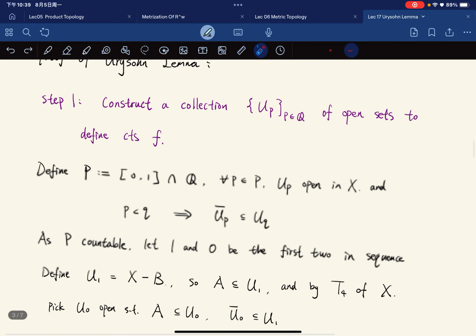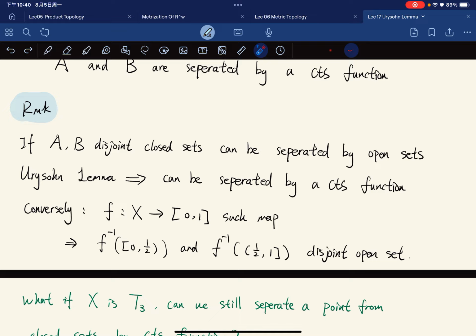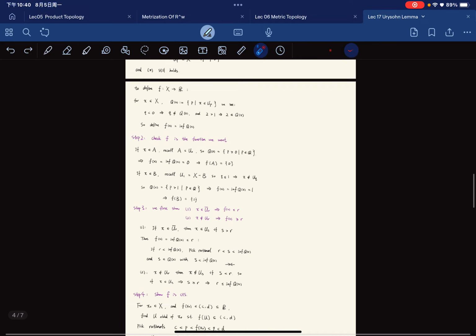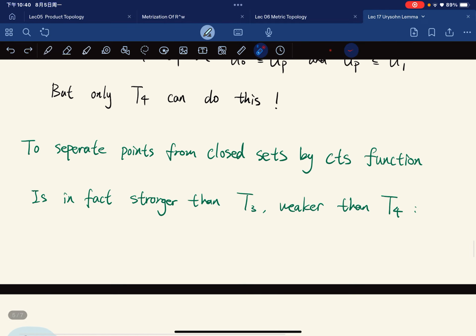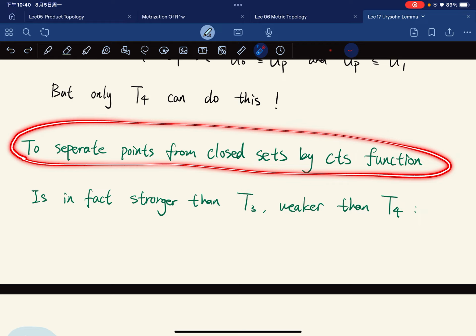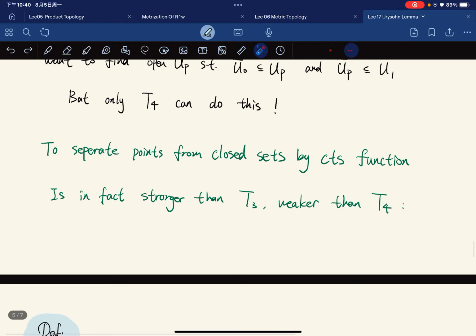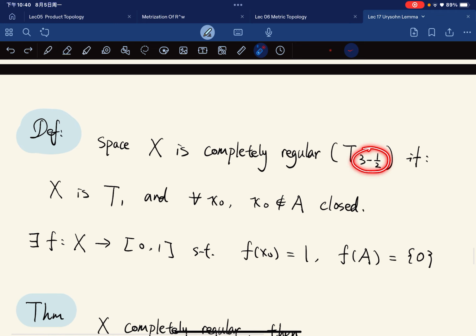Our reasoning was like here: these two are the disjoint open sets. So in fact, separating points from closed sets by a continuous function is stronger than T3 and weaker than T4. And some people just call it T_{3 1/2}, because it sits between T3 and T4.